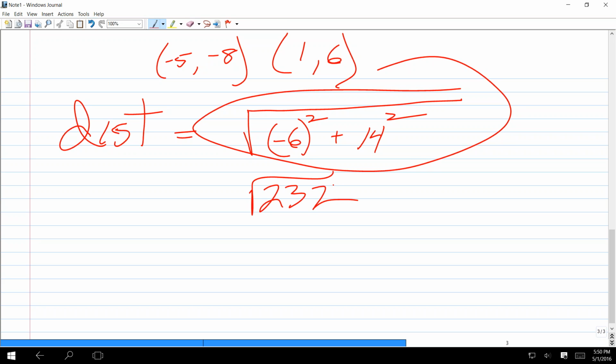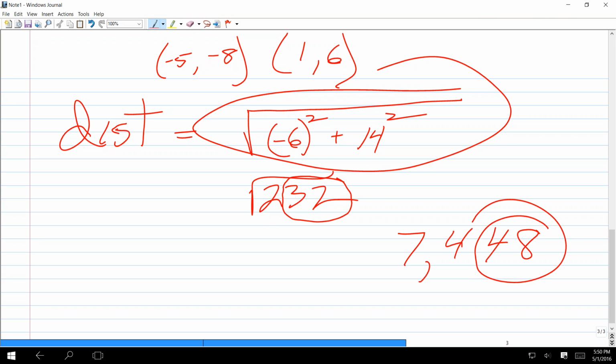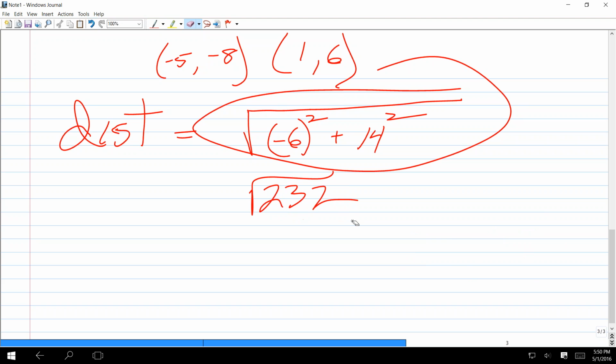Here's how you tell: if the last 2 digits of any number are divisible by 4, then the whole number is divisible by 4. Take 7,448: that is divisible by 4 because 48 is divisible by 4. So we know we can break that down. We won't do that for the moment.